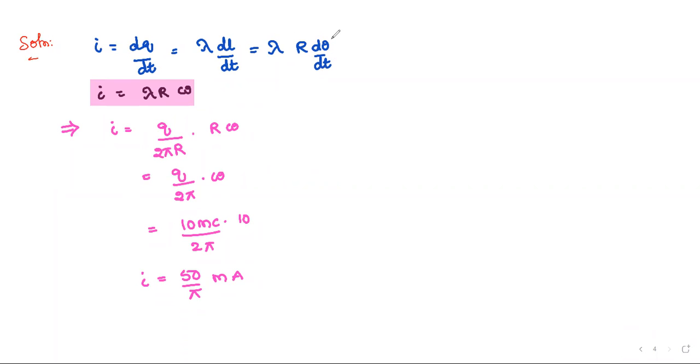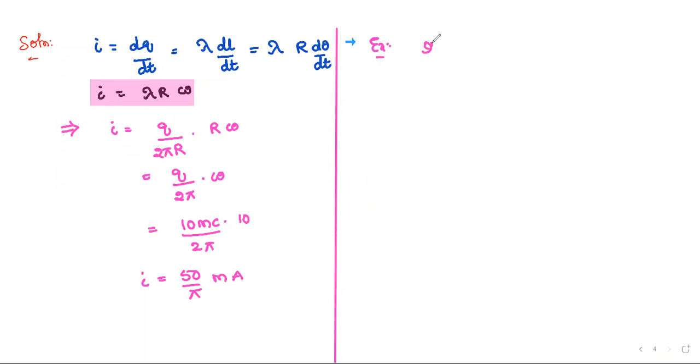Why? Because here d theta by dt is nothing but omega. If omega varies with time, meaning angular acceleration, it is the same problem. Don't go to any differentiation or integration.